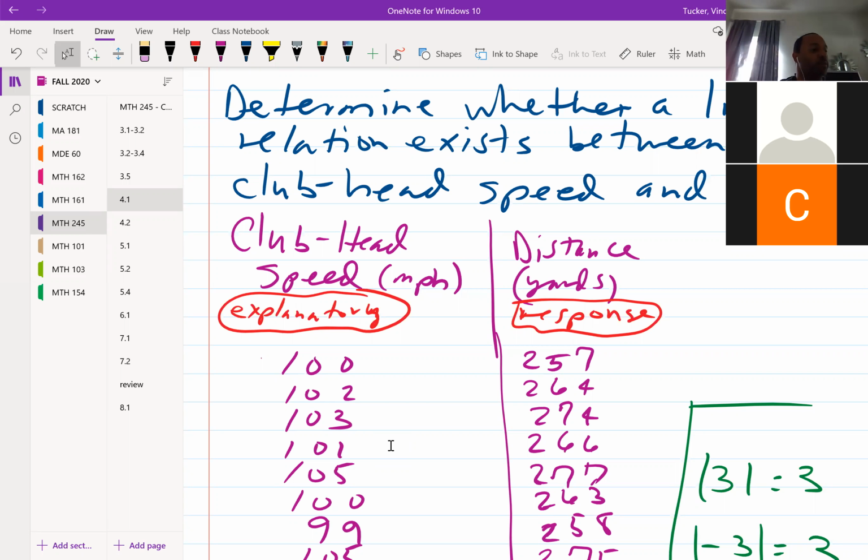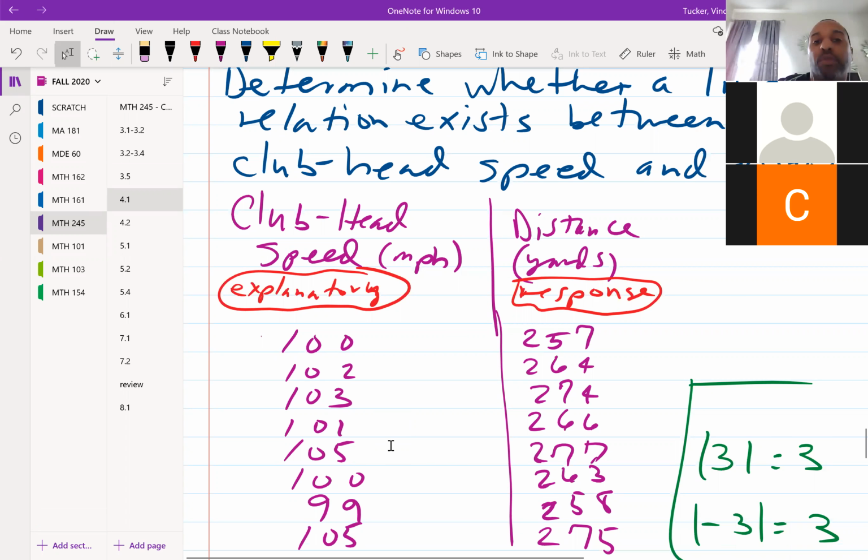So your explanatory variable would be how fast the golf club head is moving, and how far the ball travels is your response variable. It responds to how fast the club head is moving. So that's the difference between explanatory and response variable. One explains the other one, and the other one responds to what's happening in the explanatory variable.